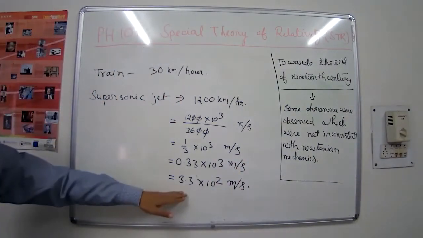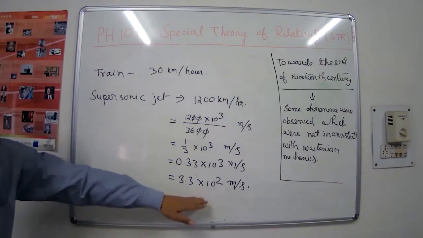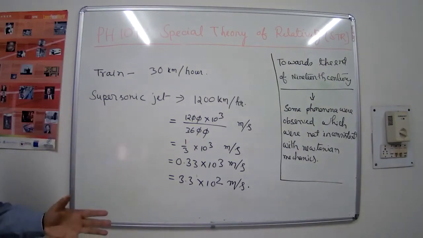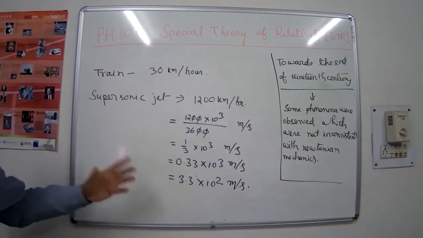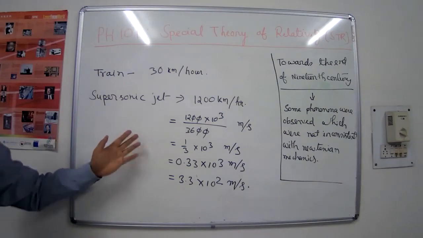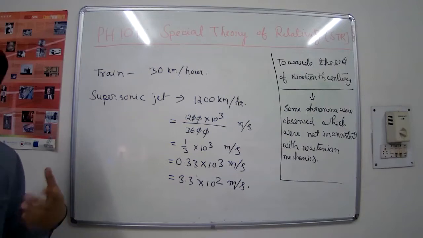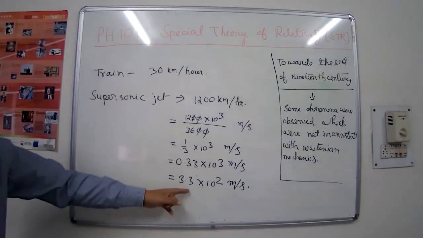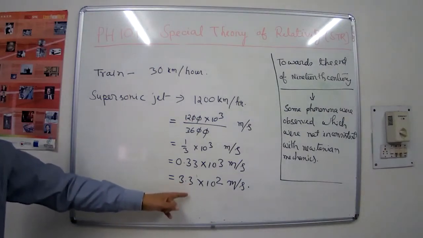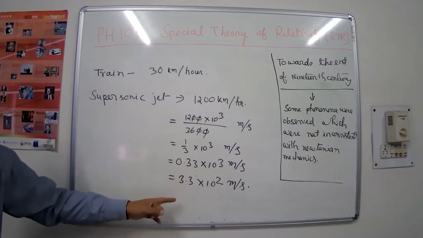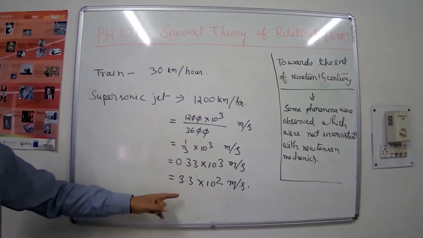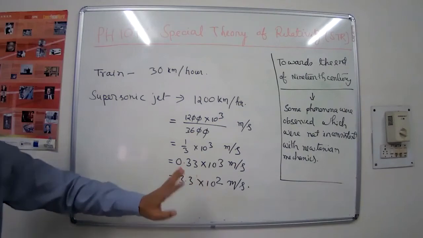Now compare it with the speed of light, which is 3 into 10 power 8. So the difference of speed between a classical body, which we may think to be moving with a very high speed, is 10 power 6 times smaller than the speed of light. So the difference is 10 power 6.